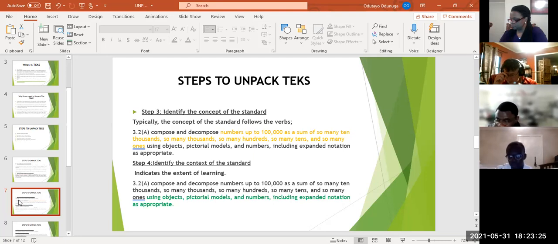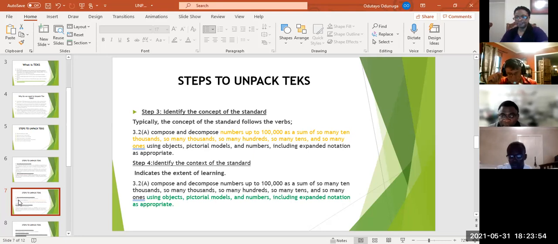I believe that is multiplying by 10, essentially, up to 100,000. So for example, if you start with 10, the next one is going to be 100, next one is going to be 1,000, next one is going to be 10,000, and then up to 100,000, which links up to, I believe, 3.2A.